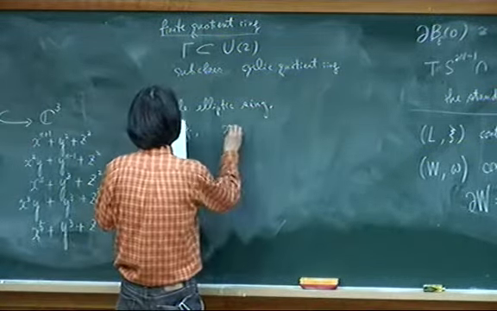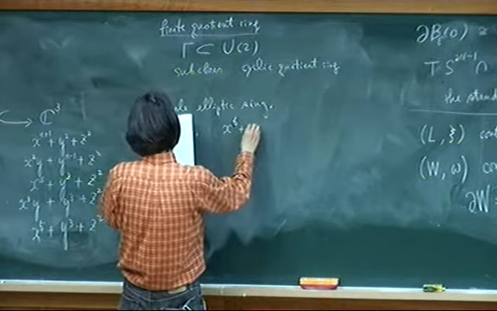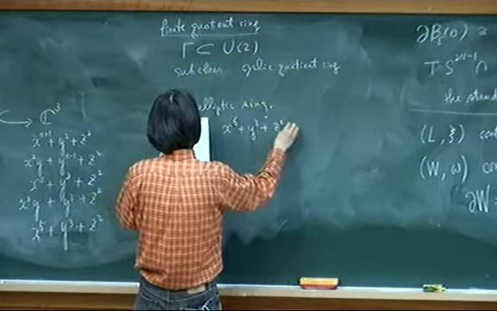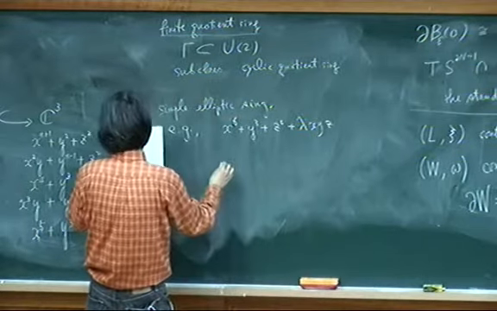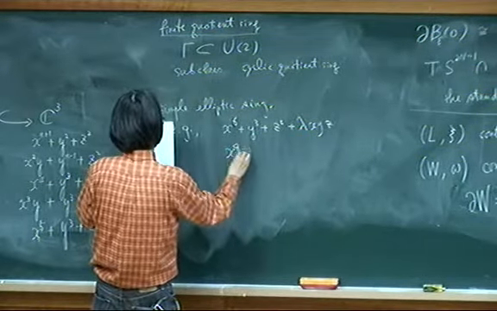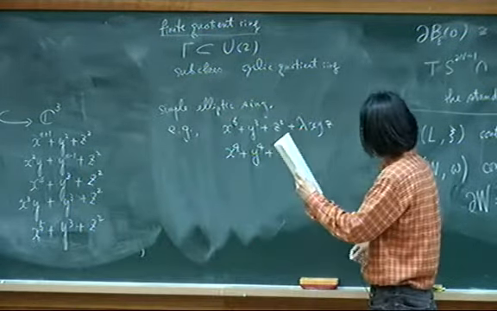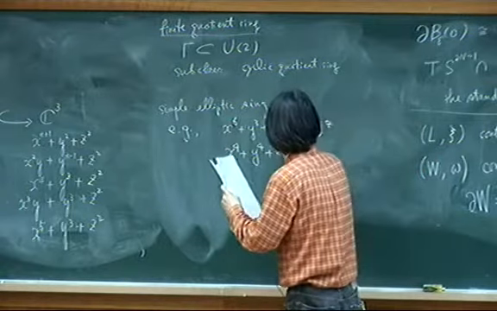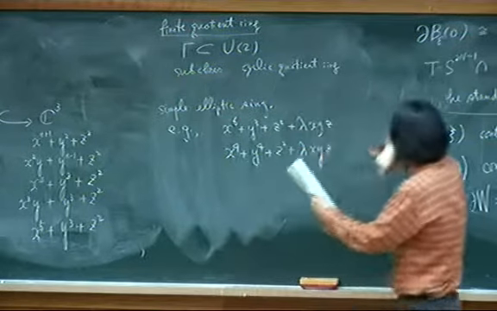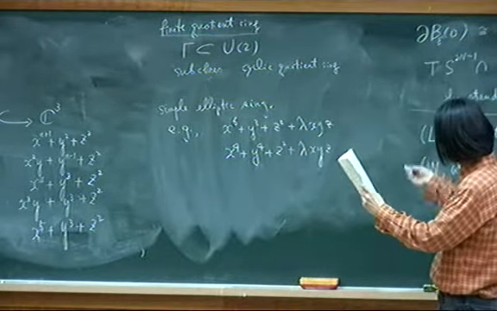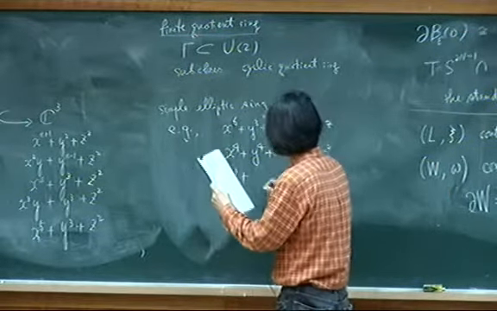Like x^3 + y^3 + z^3 + lambda xyz, and x^4. In fact, this explicit form doesn't really play so much role in our argument, but just for making things a little bit more explicit, I just want to present these things.